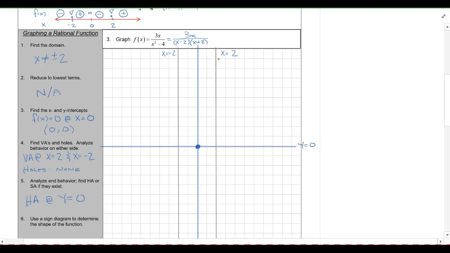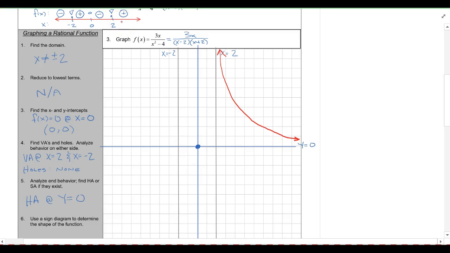Remember, a graph cannot cross a vertical asymptote, and as x goes towards positive infinity, we have to approach the horizontal asymptote. So the only way that can happen is if our graph does something like this. Okay, so we're done. We've graphed the part from 2 to infinity.